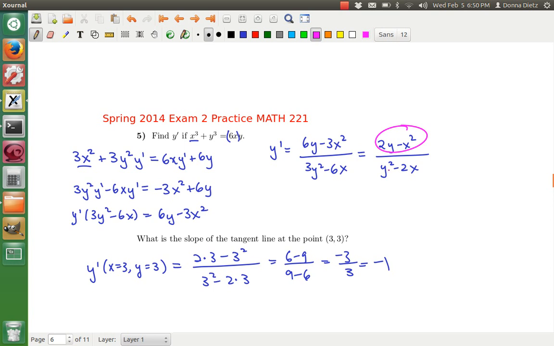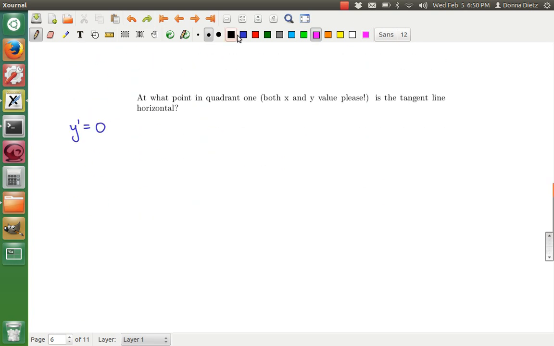And we know that y squared cannot equal 2x. Okay, so presuming that we don't violate that condition, let's say we have 2y minus x squared equals 0, but y squared minus 2x is not equal to 0. We need that to be satisfied.